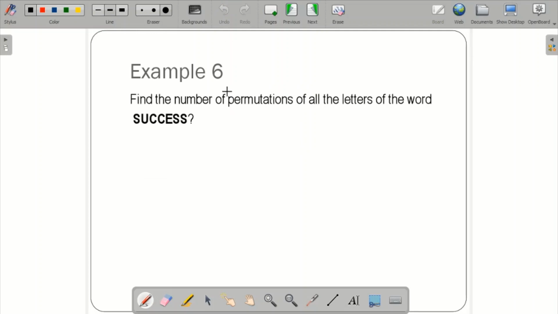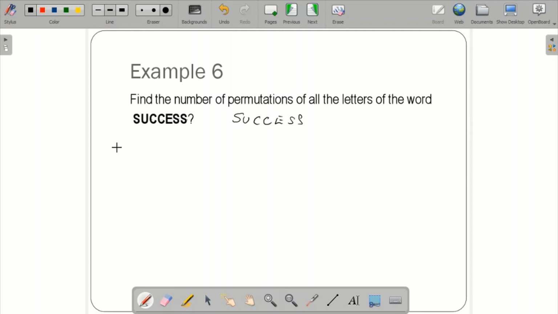Example 6. Find the number of permutations of the letters of the word success. So you see, write the letters of success. Repetition is there. What is the n here? 1, 2, 3, 4, 5, 6, 7.